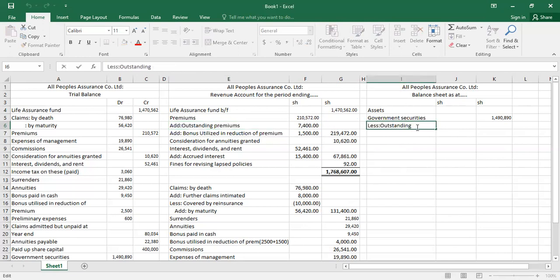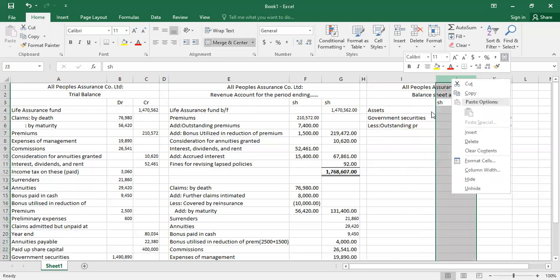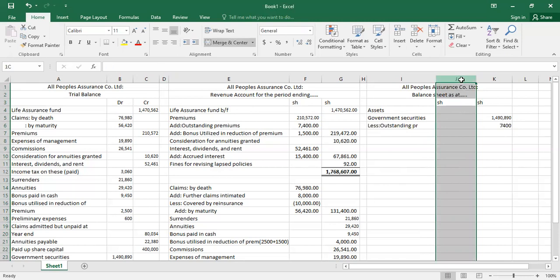Outstanding premiums, just indicate the SPR. They are 7.4. The figure is not changing. Need to convert these columns into money. This is money.